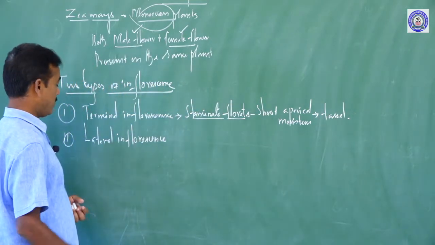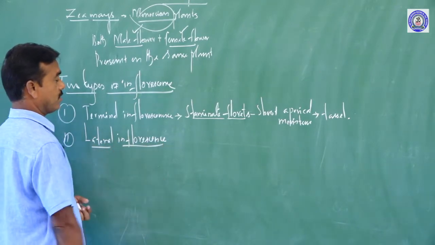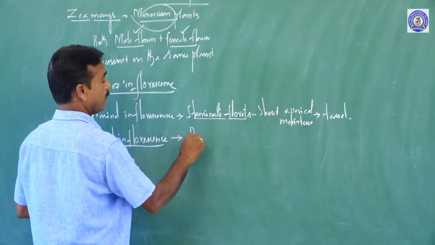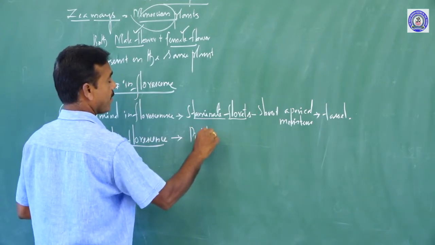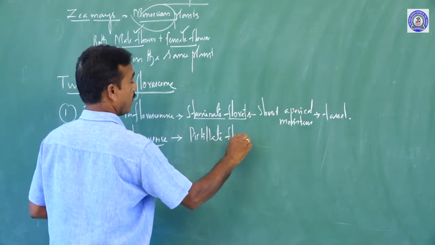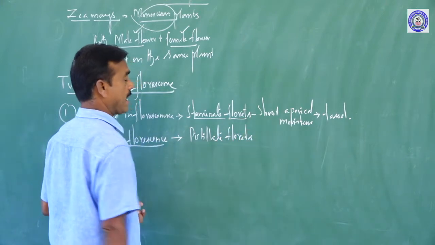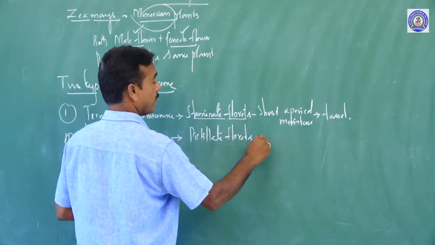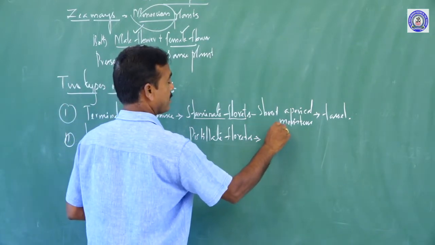One more, the lateral inflorescence. The lateral inflorescence bears pistillate flowers, developing from axillary buds.